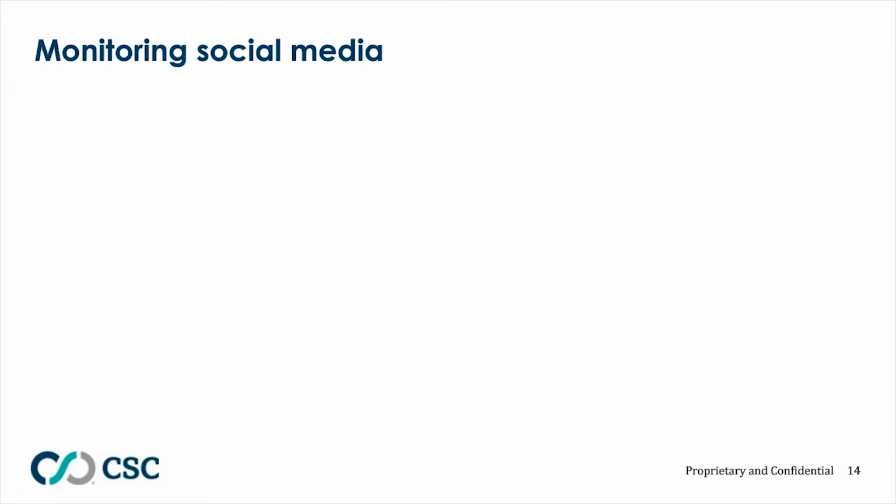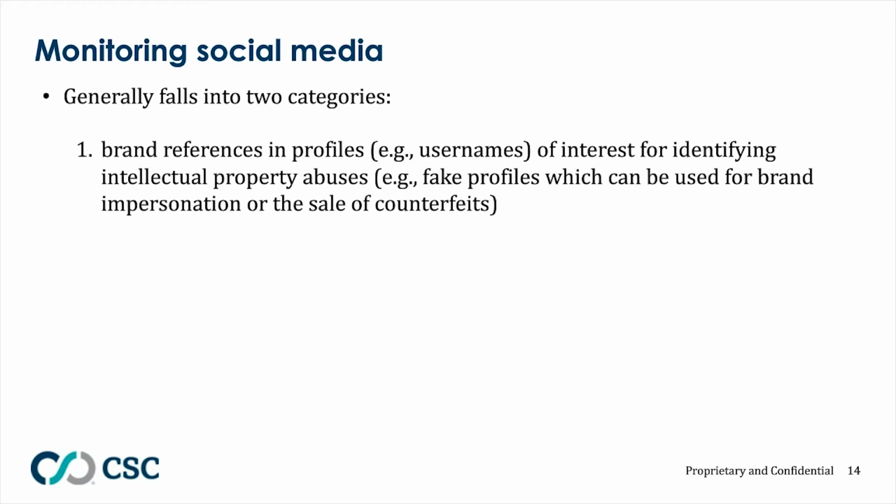As we have a focus in this webinar on social media, I'm just going to take a couple of minutes to explain the focus that we have with our social media monitoring. It generally falls into two categories of things that we look for when we're looking for infringements on social media. The first thing is brand references in profiles, so usernames, user handles.